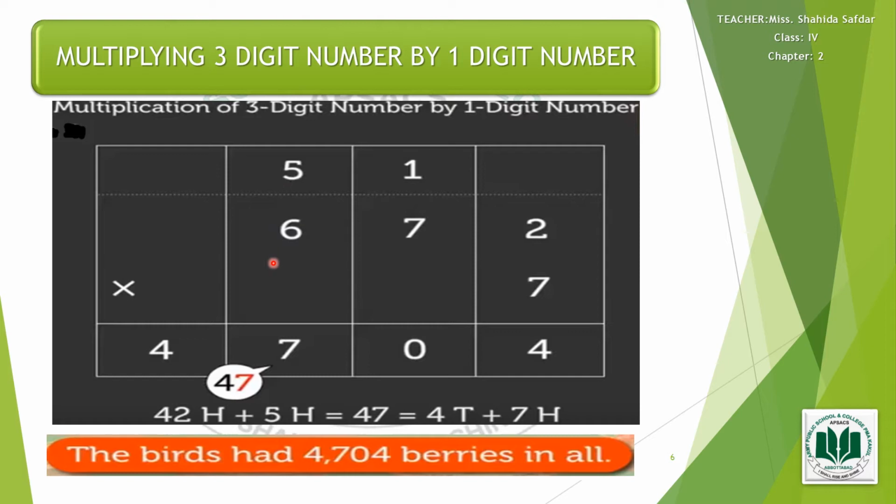The answer will be 4700. When we will regroup 4700, it will be 700 and 4000. So the birds had 4704 berries in all.